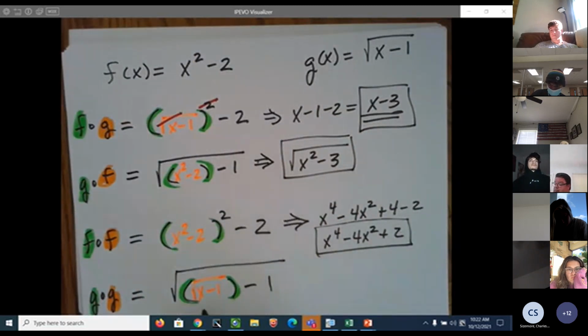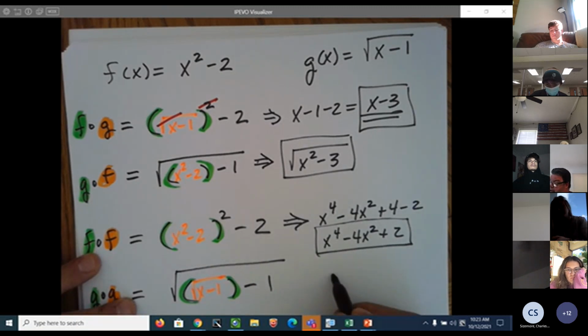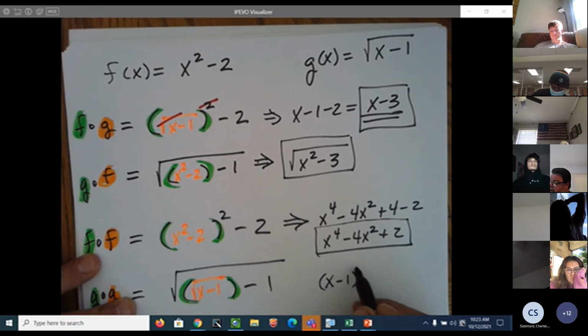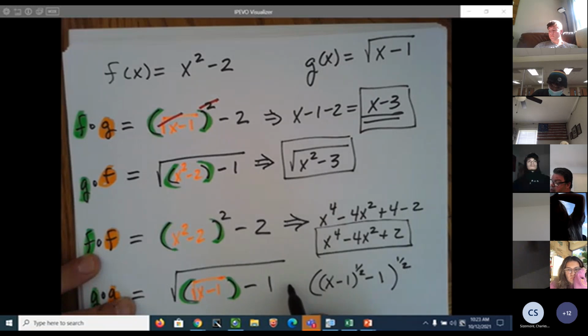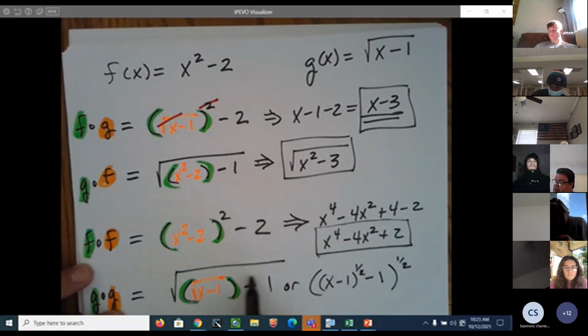And then this one, I'm going to take the square root of the square root. There's not really much you can do here, except you can't take that because that radical's there. You really can't do anything with this, so I'm just going to rewrite it as x minus 1 to the 1/2 minus 1 all to the 1/2 power, or you can just leave it like this.